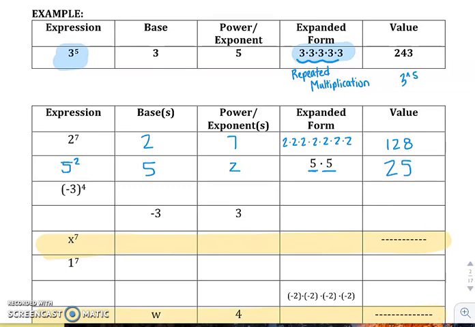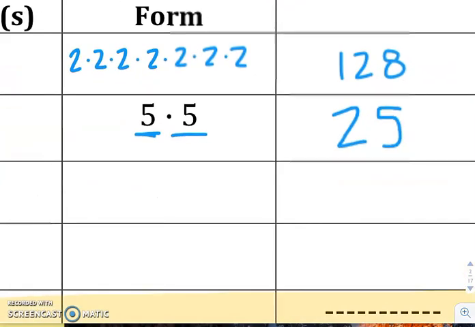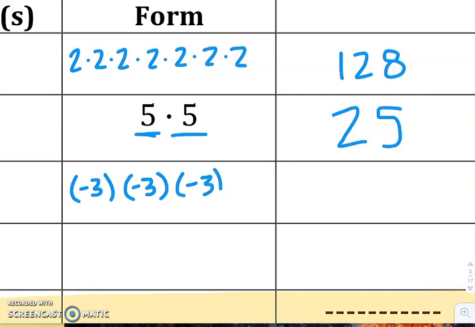Negative 3 to the 4th. The base is negative 3. The power, or the exponent, is the 4. So that would be negative 3 multiplied together 4 times. Now, if you were typing this in your calculator, typing it in like this is going to give you a much different result than typing it in without the parentheses.